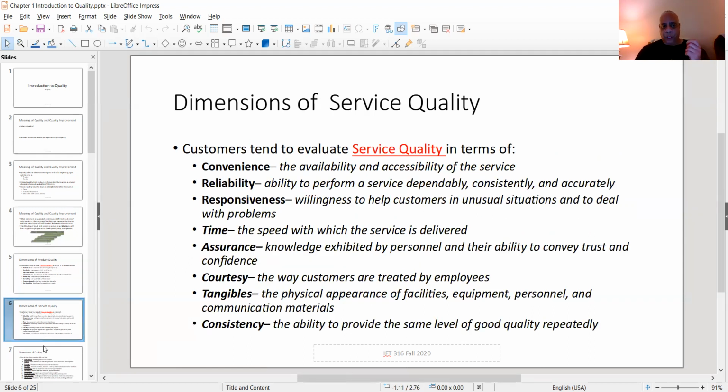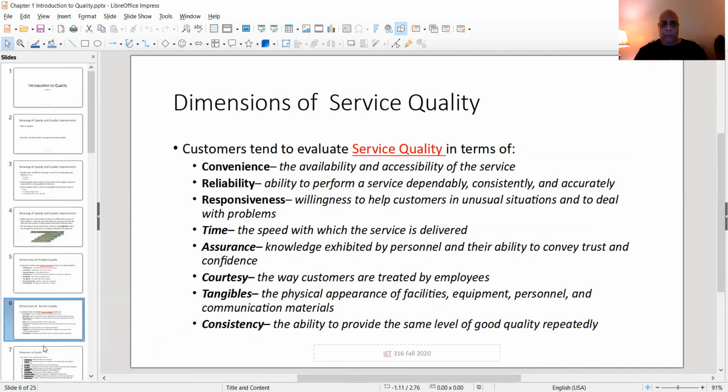Also, customers tend to evaluate service quality in terms of convenience, the availability and accessibility of the service. Reliability, the ability to perform a service dependably, consistently, and accurately.